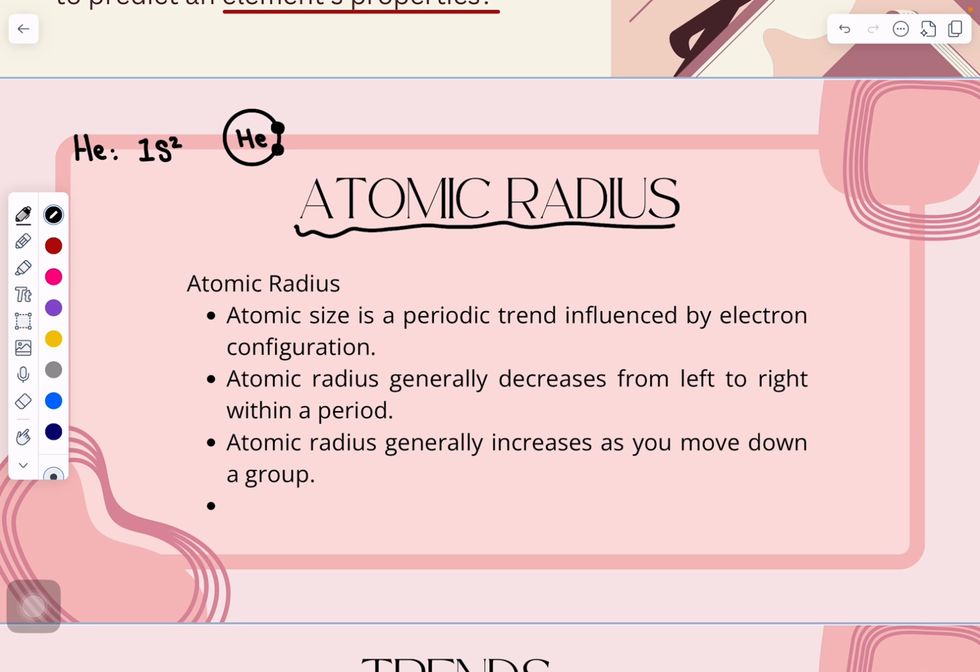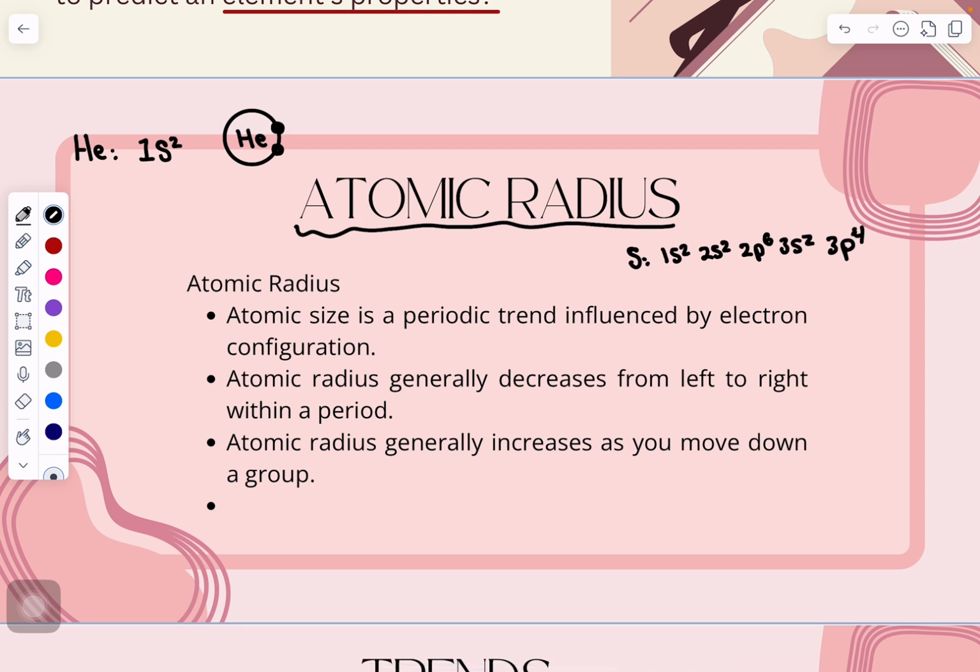By the same token, if I have something like sulfur, sulfur is going to be much bigger than helium with an electron configuration of 1s2, 2s2, 2p6, 3s2, 3p4.